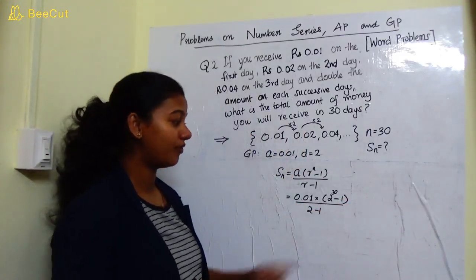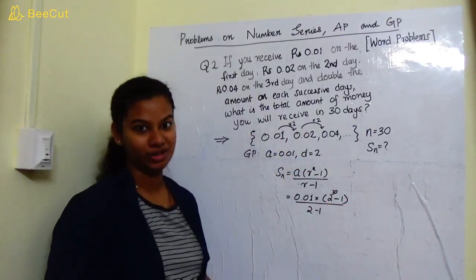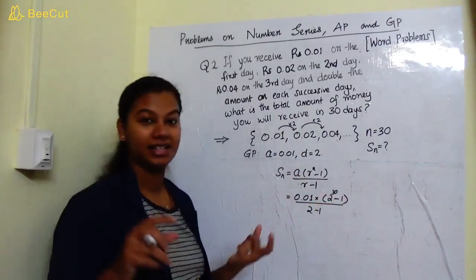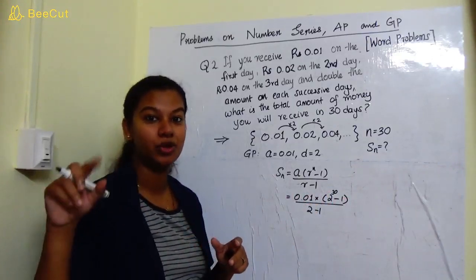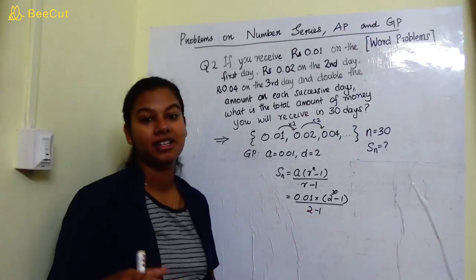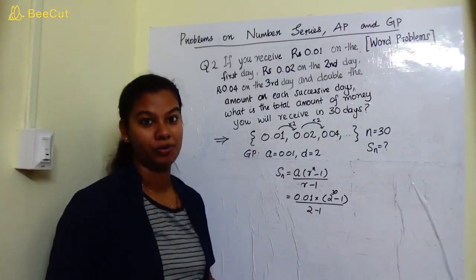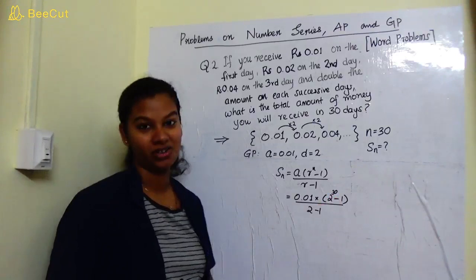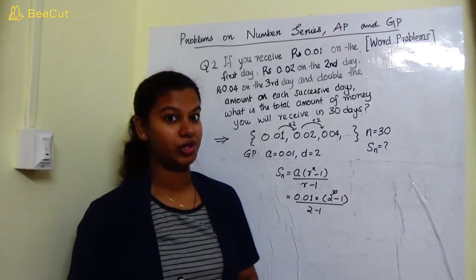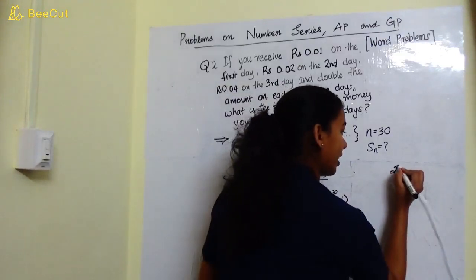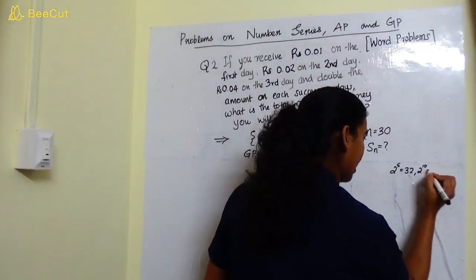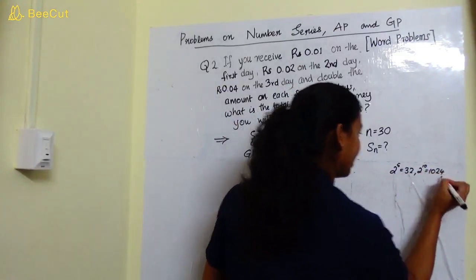Okay. Now we have to find the value of 2 raised to 30. In the multiple choice, sometimes the answer will already be given in terms of 2 raised to 30 minus 1. Then we can calculate this and just give out the option. So anyways, I am finding out this value. I already told you to learn a few powers of 2. That is 2 raised to 5 equals 32. 2 raised to 10 equals 1024.